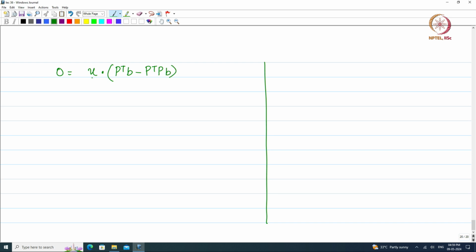Now u is basically all vectors that you have. You look at all the vectors in Rn, that is exactly what we had: you had Ax equal to B, you look for x in Rn. So u is the set of all possible vectors, and you want the dot product to be 0.